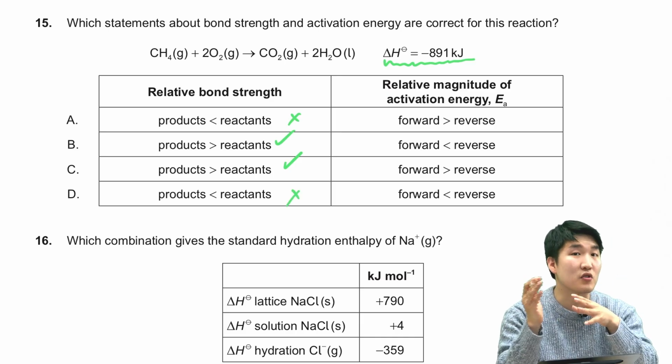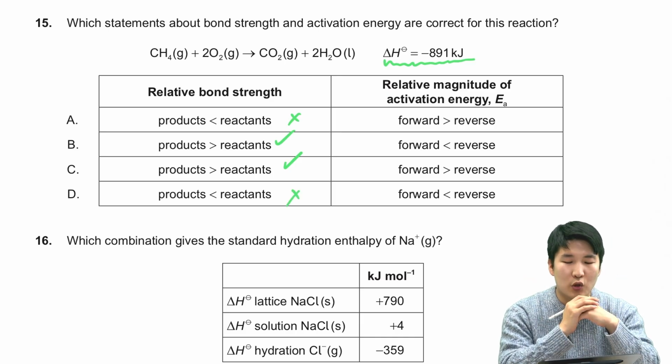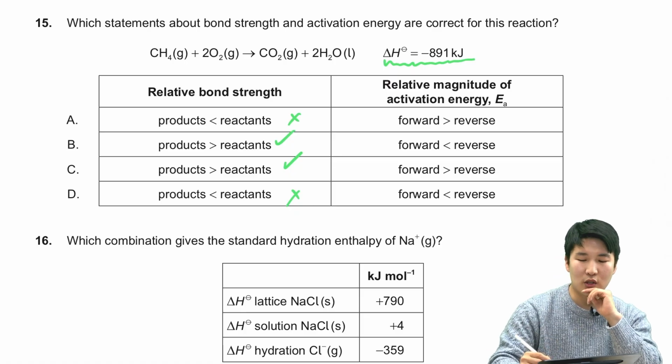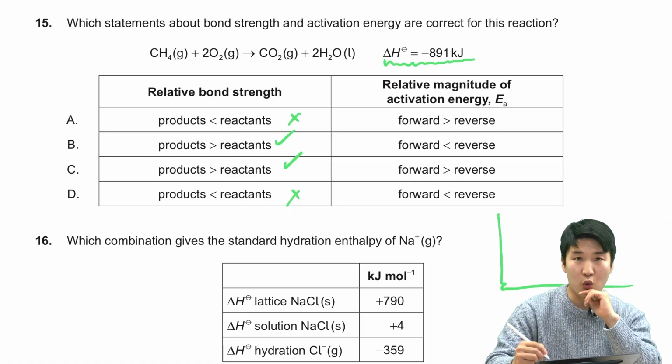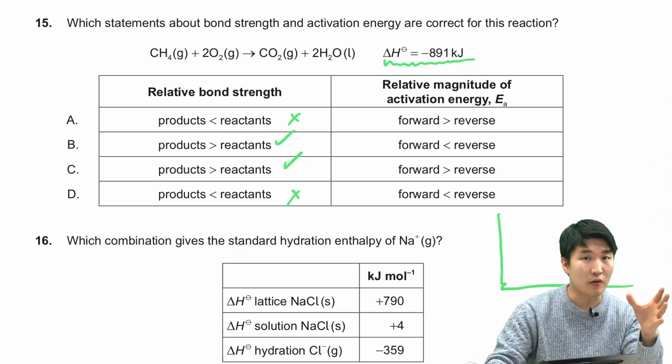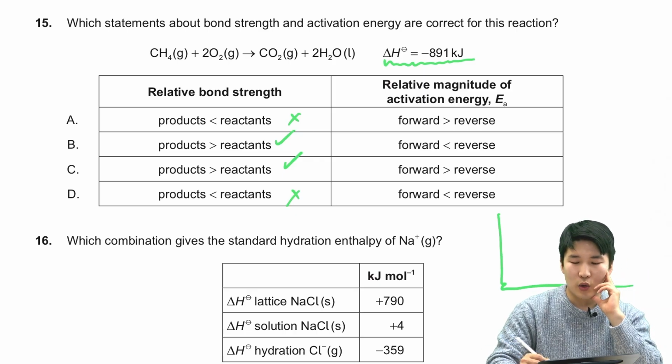Let's look at the activation energy. We're going to compare the activation energy of the forward exothermic versus endothermic. Easiest way to compare would be to draw the energy profile diagram. Exothermic, we're going to have the reactants to have the higher enthalpy than the products.